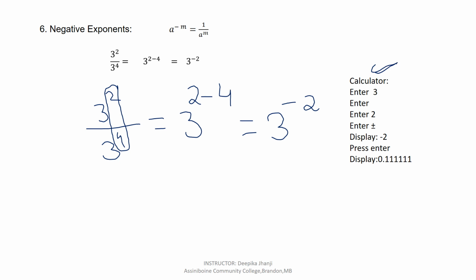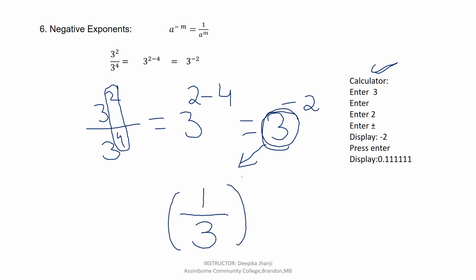And second method is you can solve manually using the law. And law says flip the fraction, flip the base, right? So this 3 becomes 1 upon 3, right? And then with positive exponent, that is 2, and the result is 1 upon 9. When you calculate its value, this comes out to be 0.11111. I already calculated this, so I know the value here.